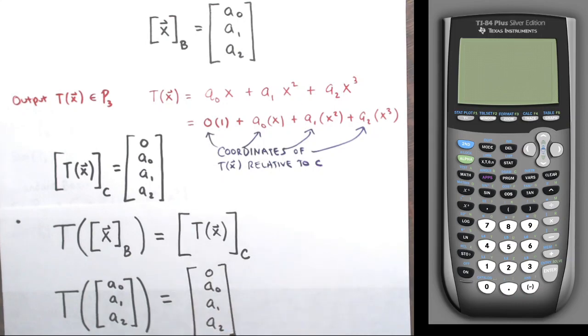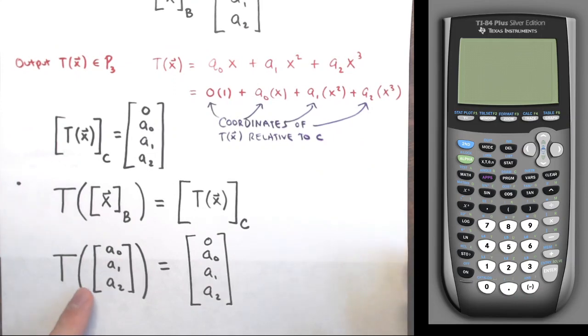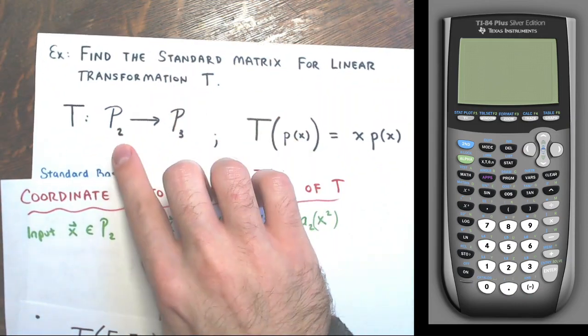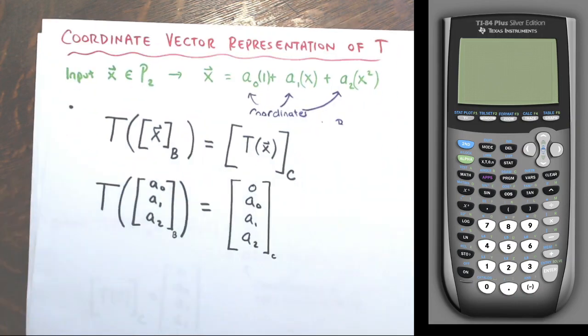And do you see now how, again, I should write the B here and the C here, just so you know that these are coordinates, because the vectors themselves in this transformation are polynomials. They're not vectors that you're used to from R3 or R4.